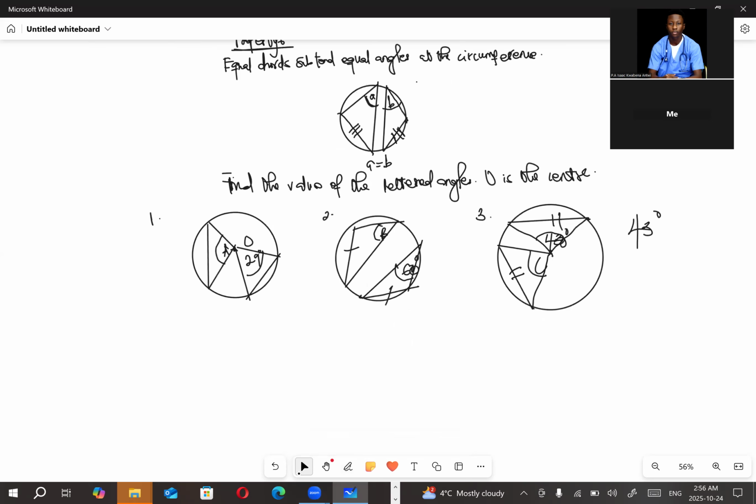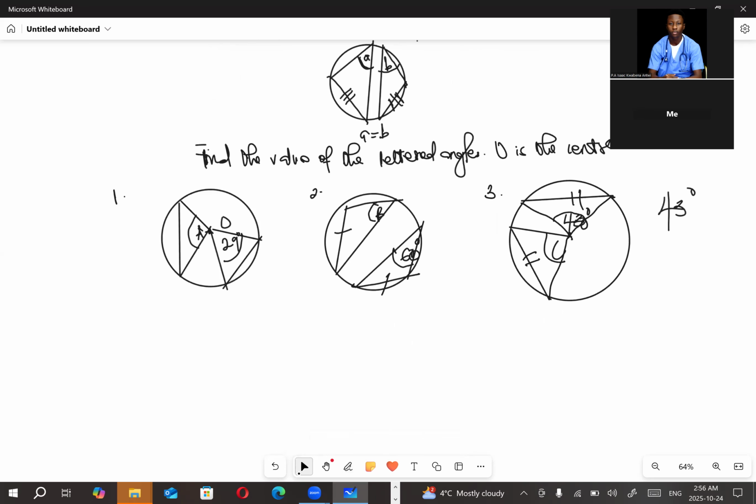There's no indication that the chords are equal. So how can you say E equals 29? The chords are not equal. Have I said in your question or indicated on the diagram that the chords are equal? No. So you see, some of you are just not thinking.